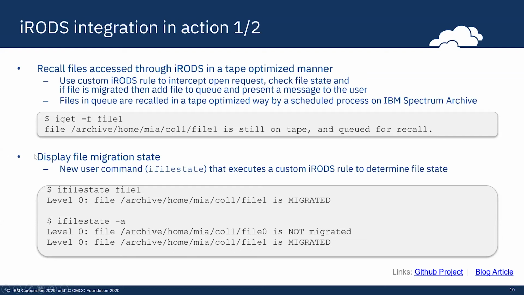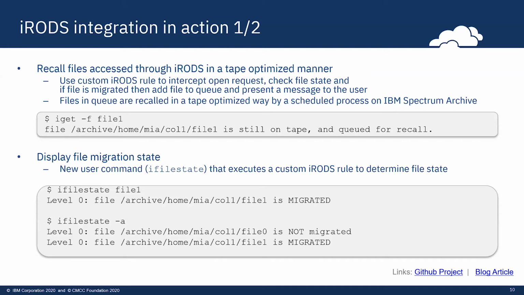To address another challenge, with regard to the file migration state, we implemented a program which essentially displays the file migration state. With this, the user can determine whether a file or a set of files is on tape or not, right? So actually, we implemented a new user command.